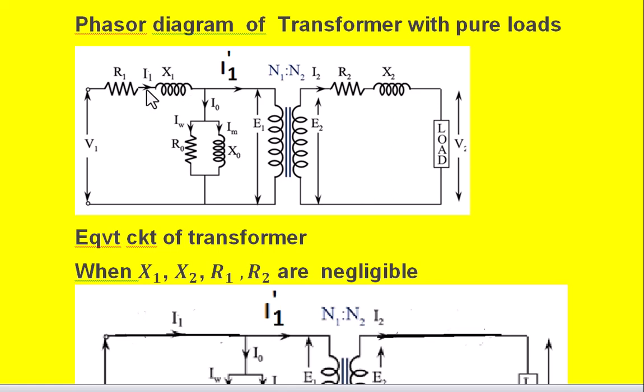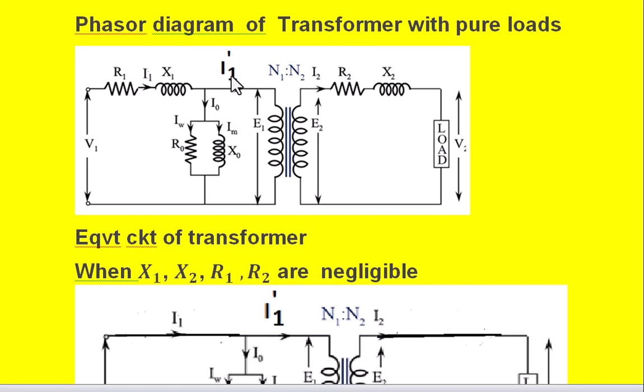winding, and I1 is the primary input current, and I0 is the no load current of the transformer, and this has two components, one is Im, the other is IC, and IC flows through the core loss resistance R0, whereas Im flows through the magnetizing reactance X0, and I0 is the vector sum of IW and Im.